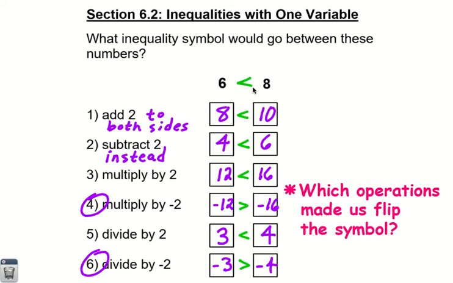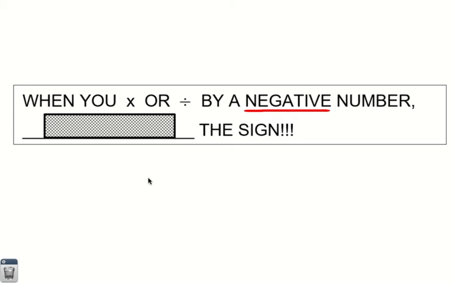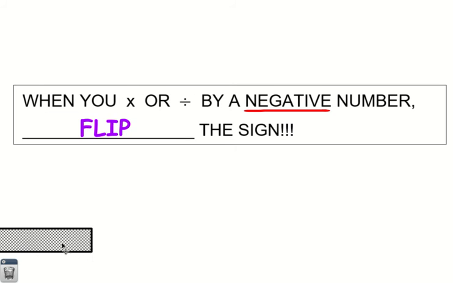So it works both ways. You flip the symbol no matter what the symbol is, less than, greater than, as long as you are multiplying or dividing by a negative number. So when you multiply or divide by a negative number, flip the sign, or as I say, the symbol.